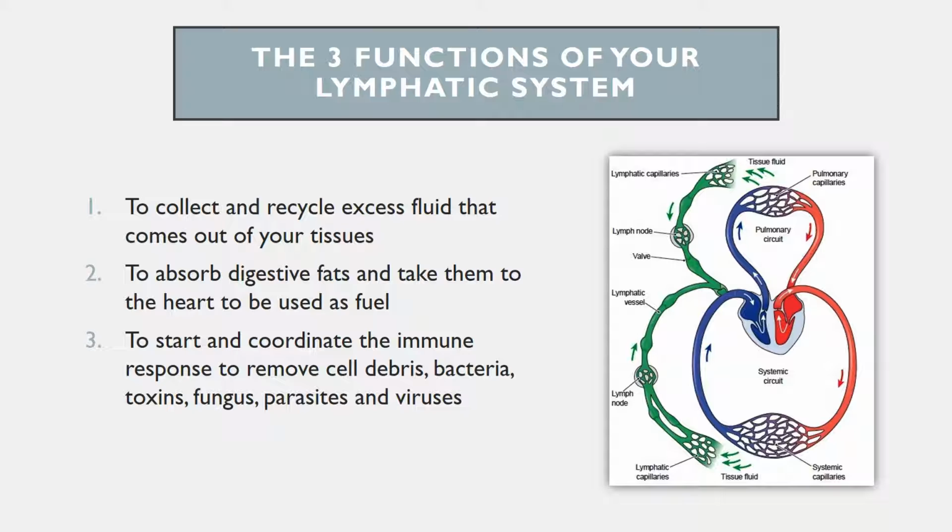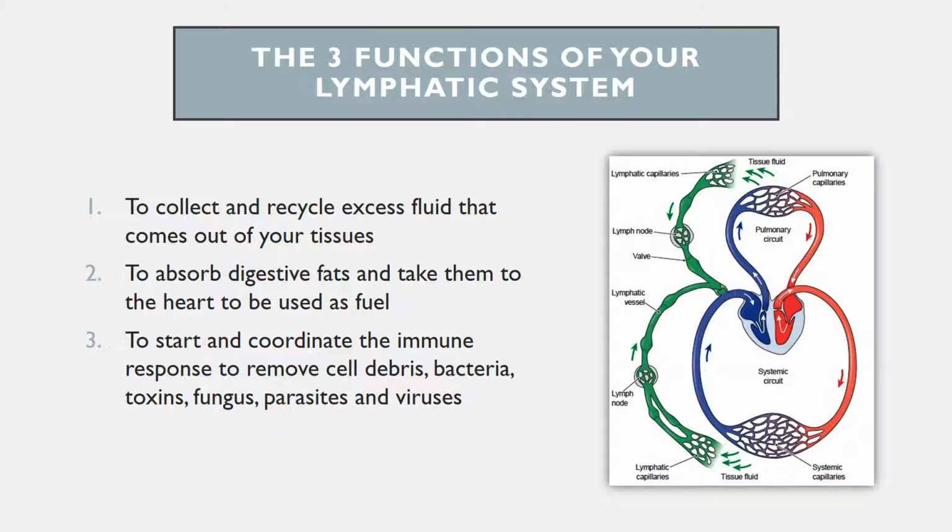The first function is what we just talked about, to collect and recycle excess fluid that comes out of your tissues. Most of the time, this is plasma. The second function of your lymphatic system is to absorb digestive fats and take them to the heart where they can be used for fuel.